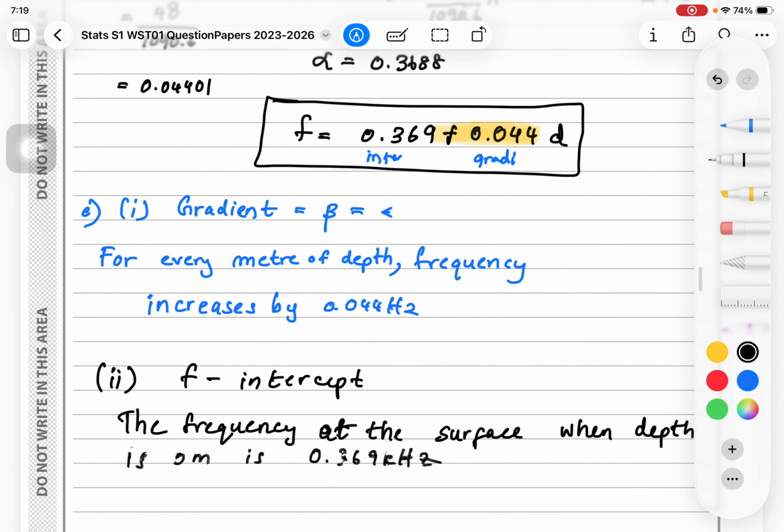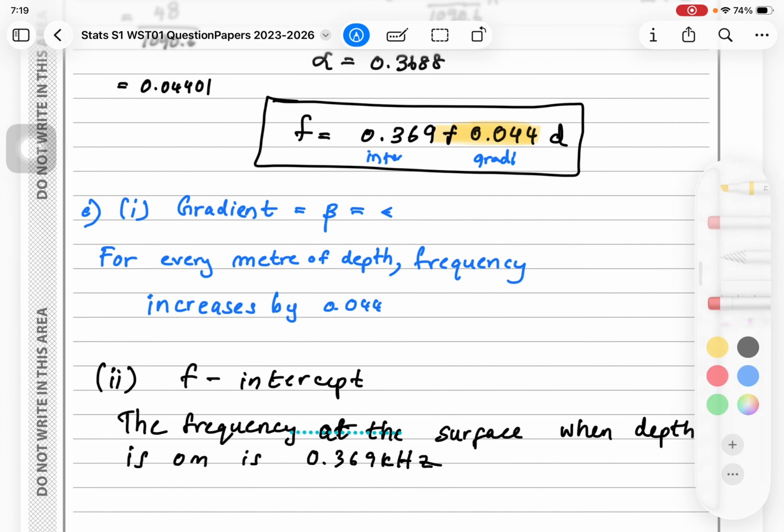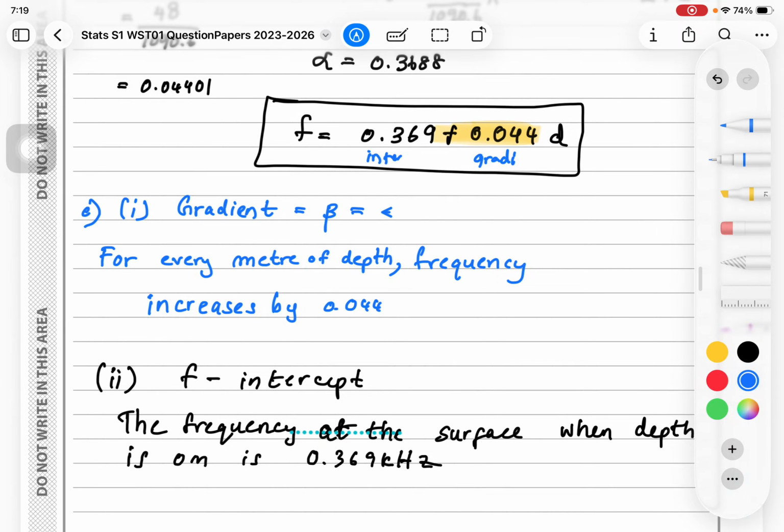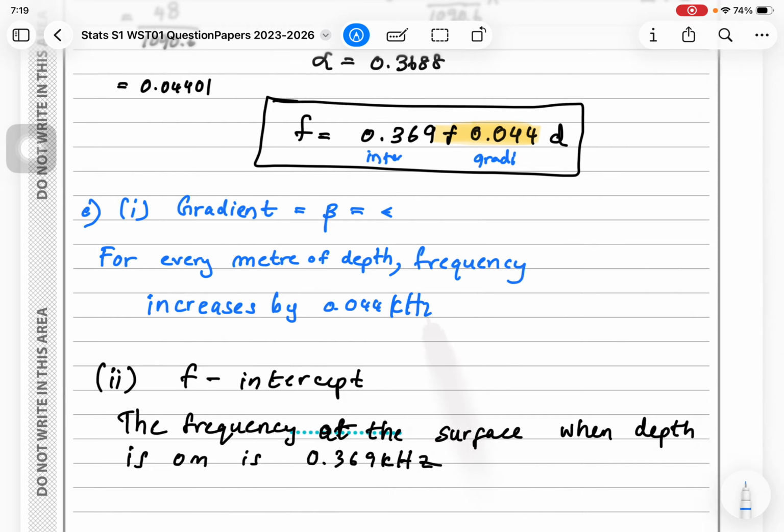Here I forgot to add the units, so let me add them. This is how we say that.